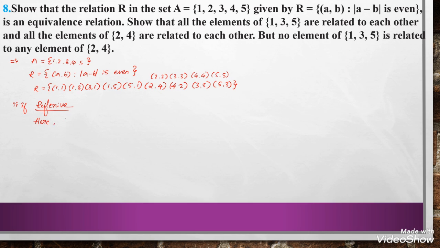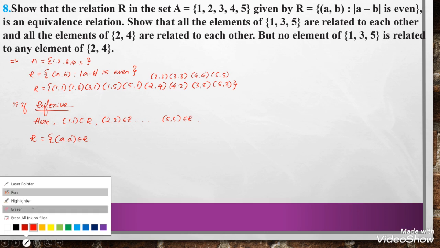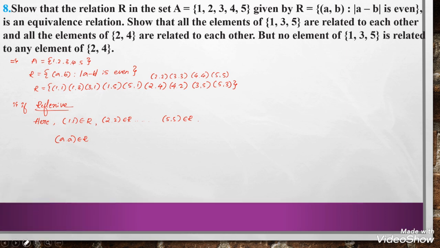Here (1, 1) belongs to R. Yes. (2, 2) belongs to R, and so on up to (5, 5) belongs to R. Here I will take the definition of relation R: (A, A) belongs to R for every element A present in set A. Then it is reflexive.